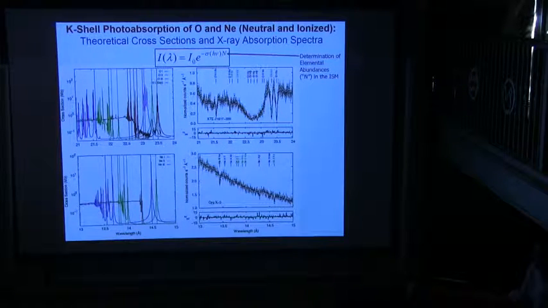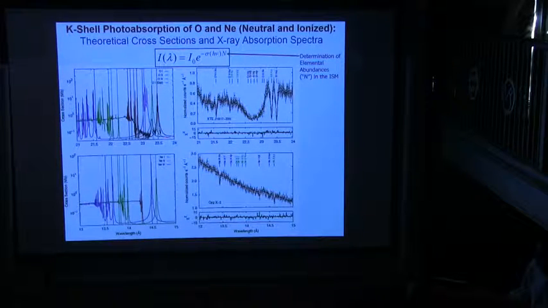Just to talk you through this a little bit, in red here is the photoabsorption. Being an atomic physicist, I like to plot versus energy, but in order to compare with the spectra, we're plotting here versus wavelength.